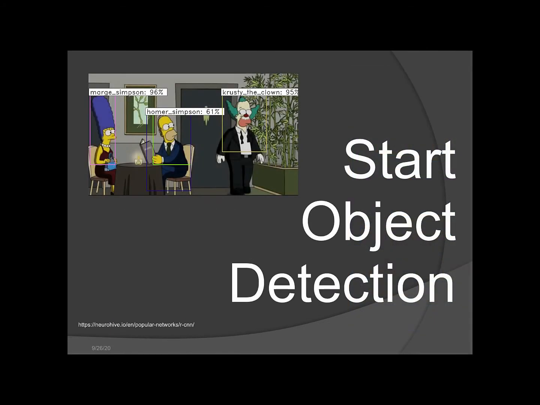Okay, so I mentioned in the previous section that there are some things that we're going to have to do before we can start recognizing objects. And so we're going to take a look at how we go about starting object detection.